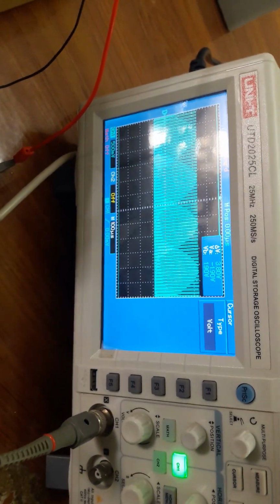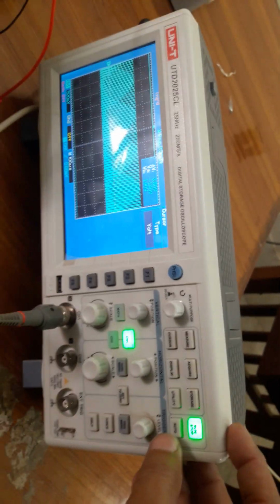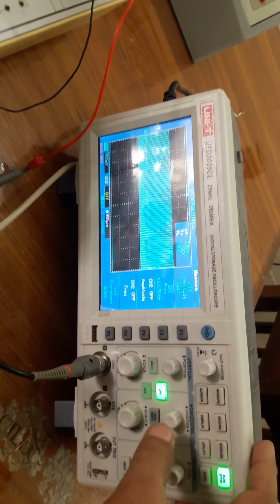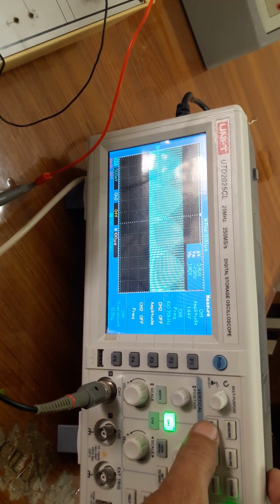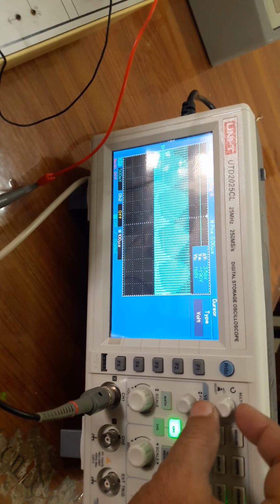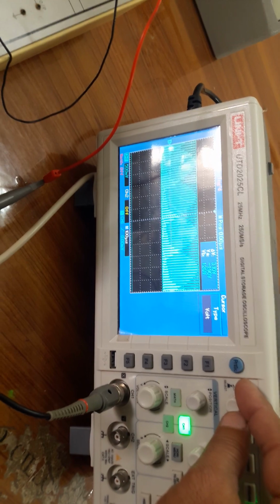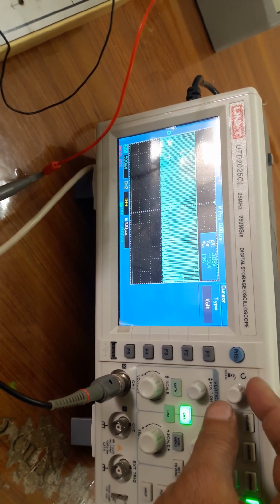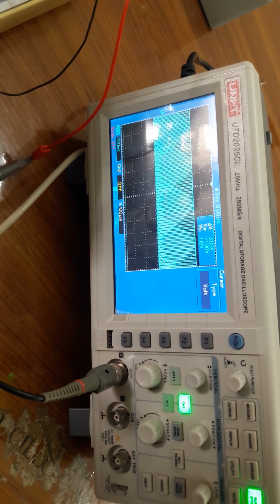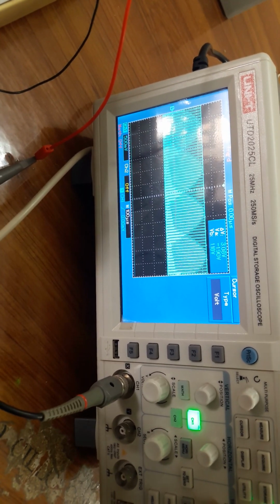And now I am calculating. Press the measure through cursor. The maximum peak value is 1.18 volt.